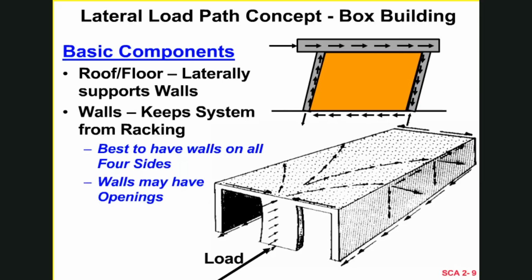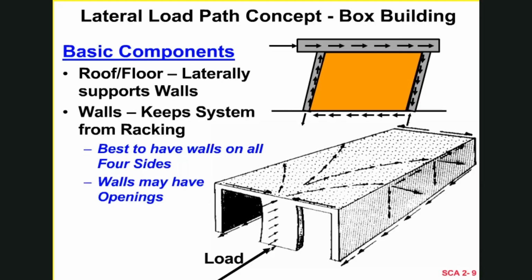As an example, you can use the analogy of a shoebox. If you subject a shoebox to a lateral load, the load pushes in the wall facing the load, but ultimately gets transferred out to the side walls, and those are the shear walls, and then the load goes out to the foundation.